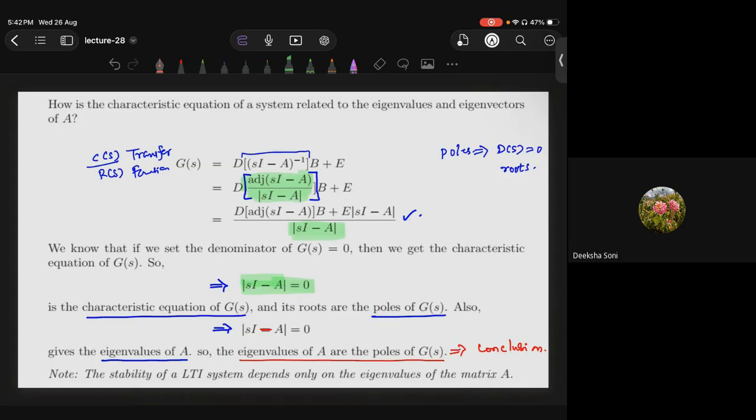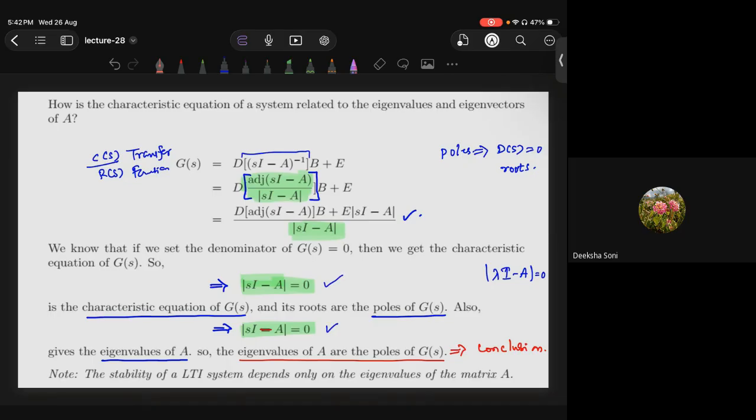And in the matrix theory, we know that if you have lambda I minus A equal to 0, what does this give? This basically gives the eigenvalues. Am I correct? Yes, sir. So here we are getting poles, and in the same equation in the matrix theory we are getting eigenvalues.